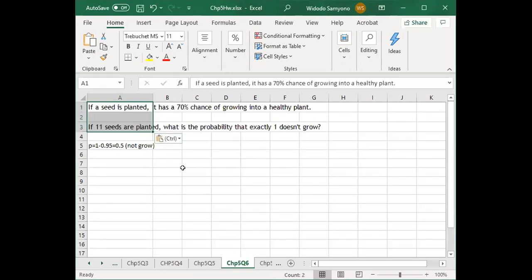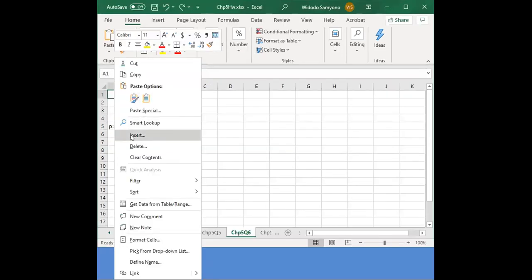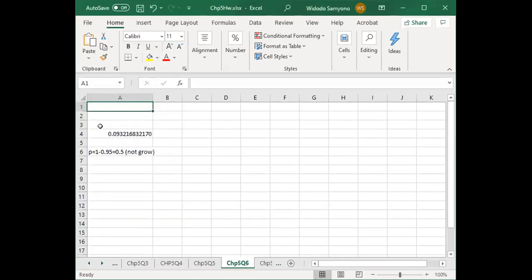I think I need to put one more space there so it will not override that one.